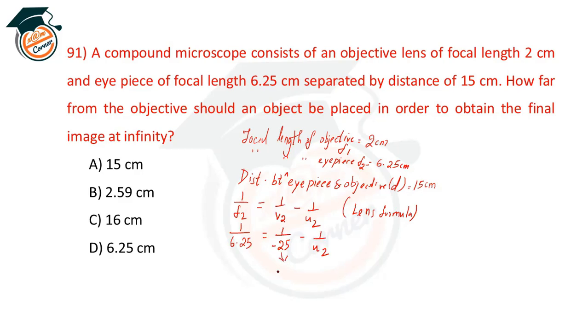Why have we taken 25? Because it is the least distance of distinct vision, which is equal to minus 25. So we get u2 equals minus 5 cm.